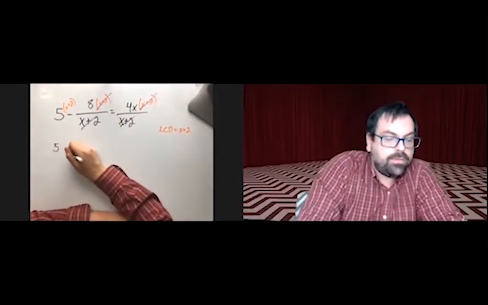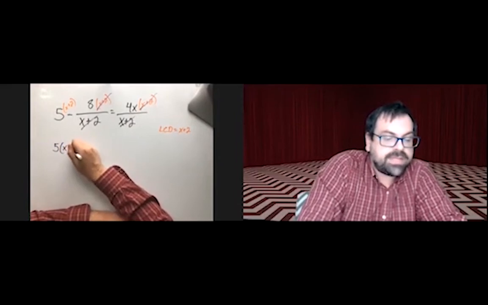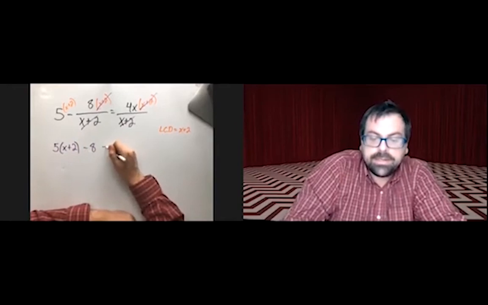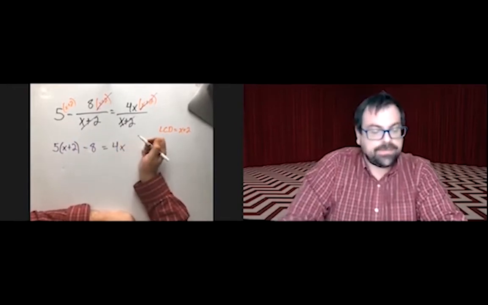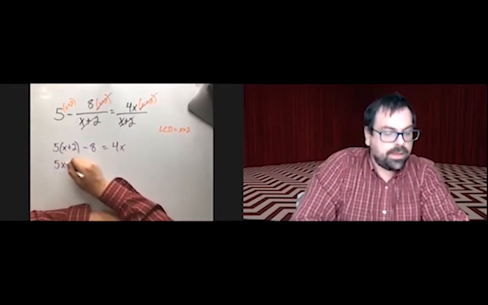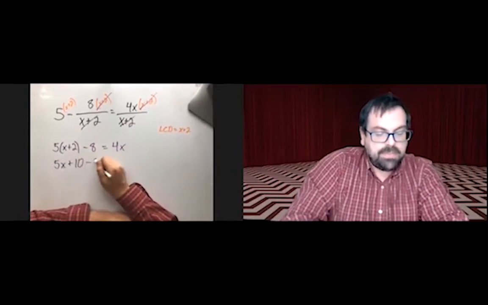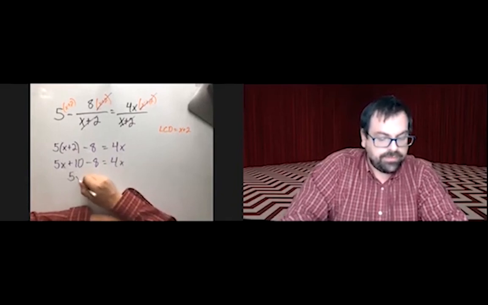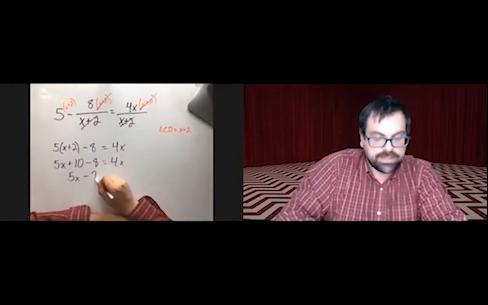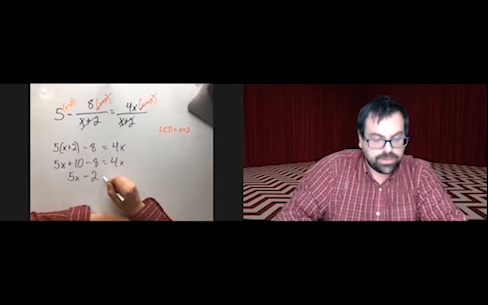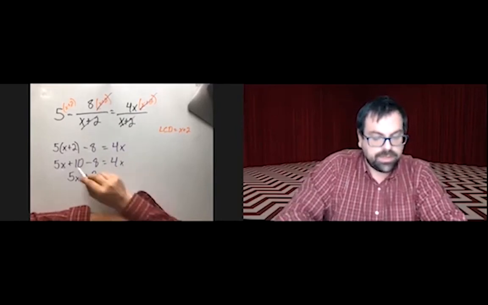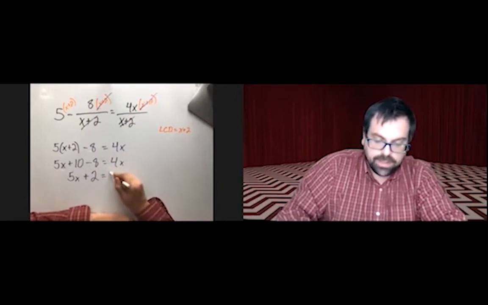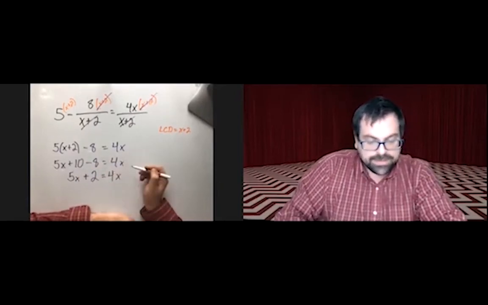We're left with 5 times x plus 2 minus 8 equals 4x. 5x plus 10 minus 8 equals 4x. 5x minus 2. No, plus 2. Positive 10 minus 8 is positive 2. Equals 4x.